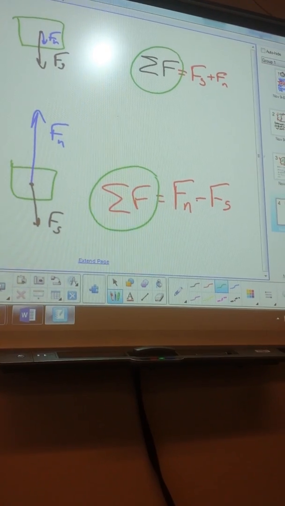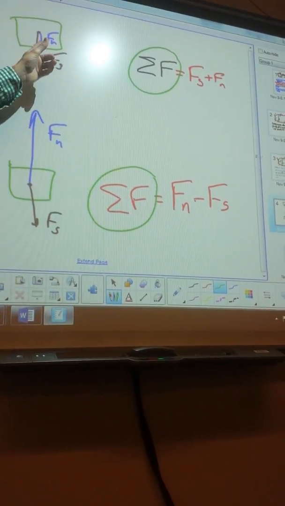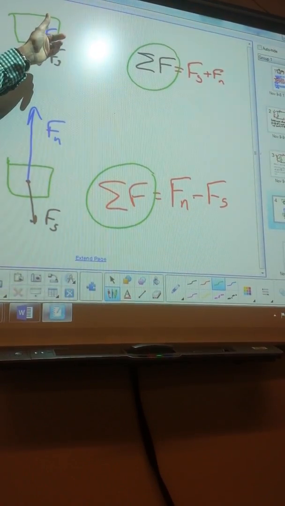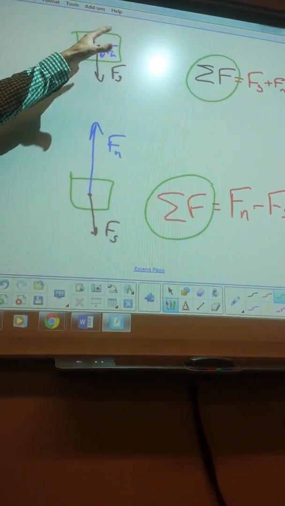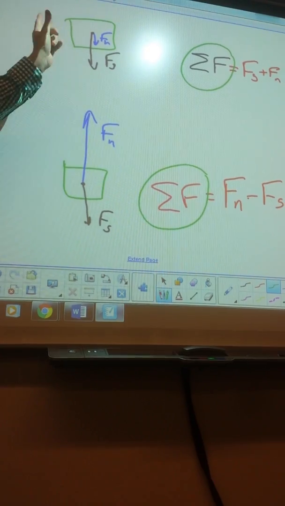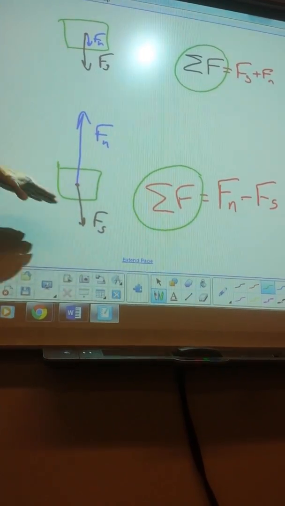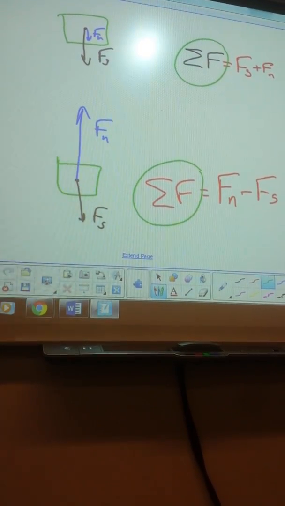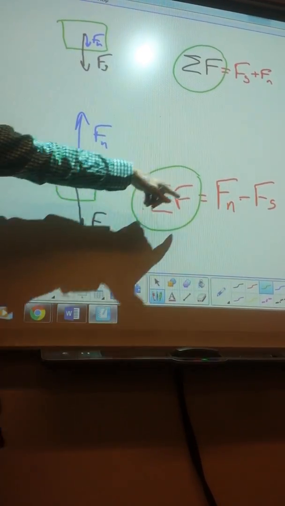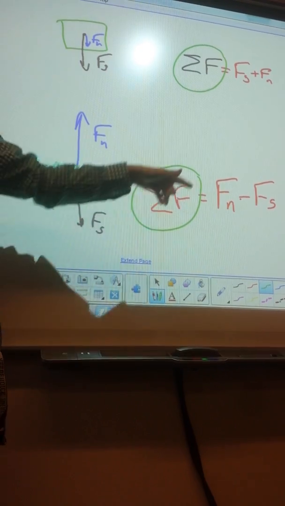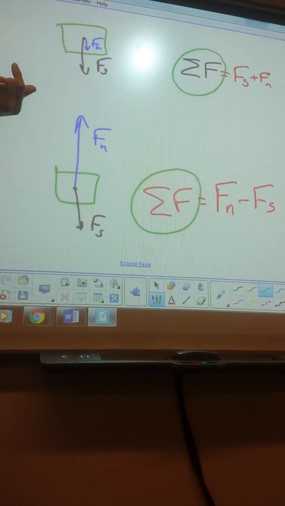If you get going at just the right speed, there won't be any normal force at all. It won't push on your bottom. All you'll feel is gravity, and that will be the centripetal force at the very top. But when you get down here, if you were sitting on a scale as you're going around that ride, the scale would read really high here, really little here, and it would just keep on cycling back and forth.